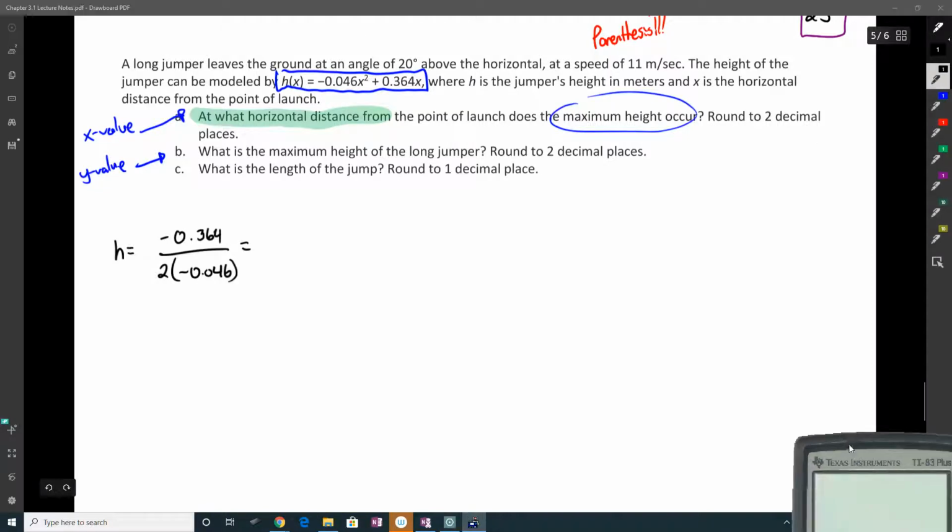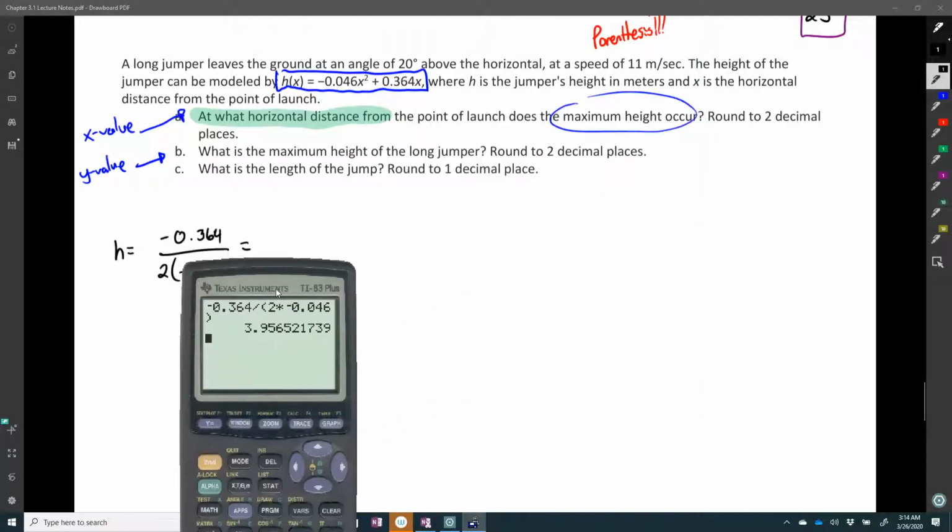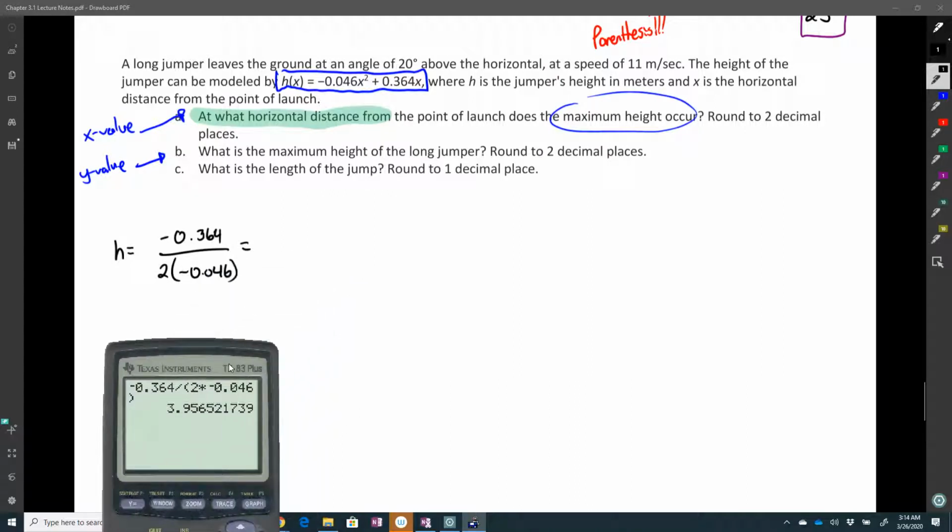This one's a little nastier, so we have our calculator, and it's negative 0.364 divided by, now if you're going to do the 2 and multiply, be sure to put parentheses, so 2 times negative 0.046. And that's 3.9565. All right, so we got h.